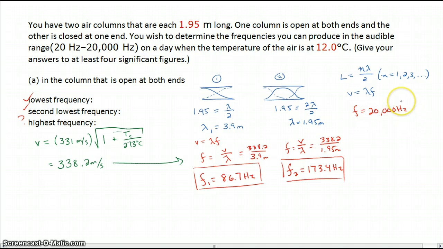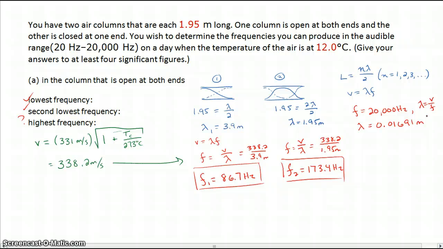What does that correspond to in terms of wavelength? Well, if you use the formula that lambda equals v over f, which is just this formula here, you'll find that that corresponds to a wavelength that is pretty tiny, 0.01691 meters, says my calculator.